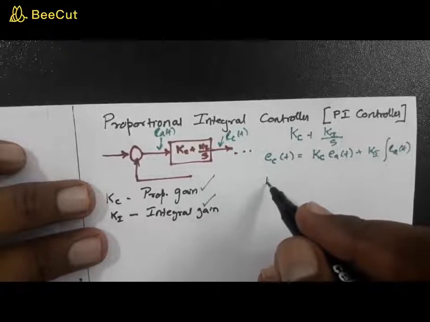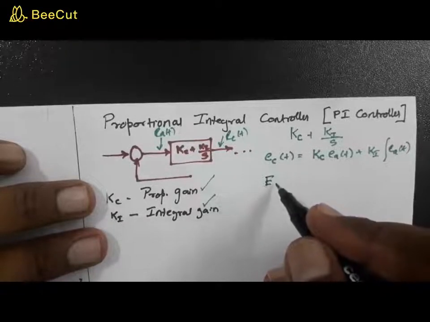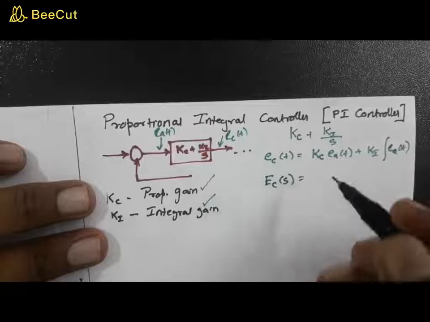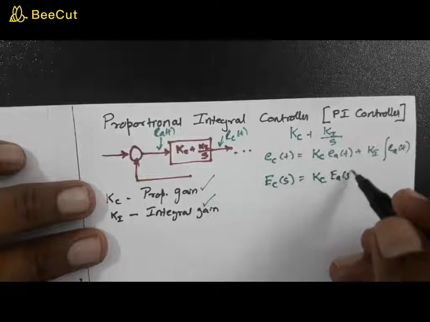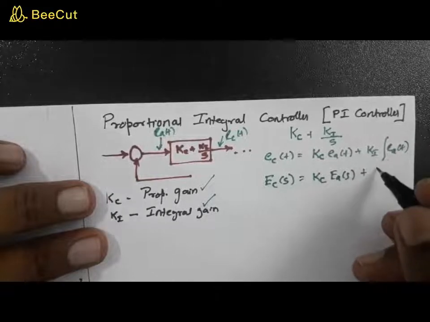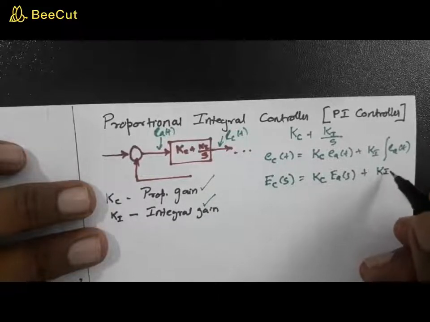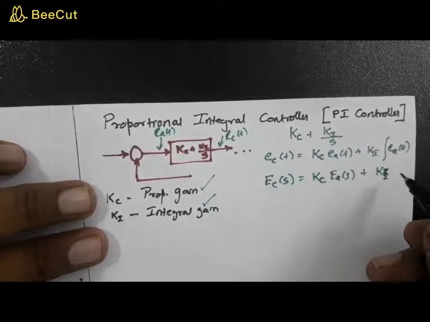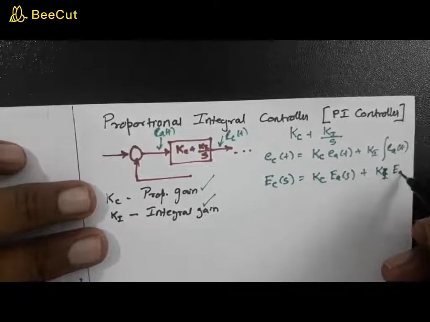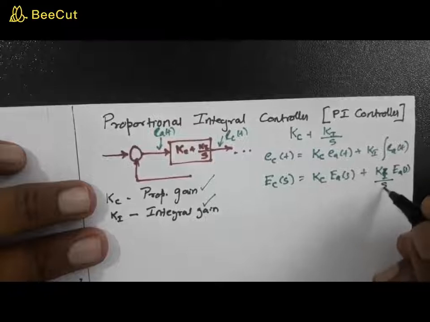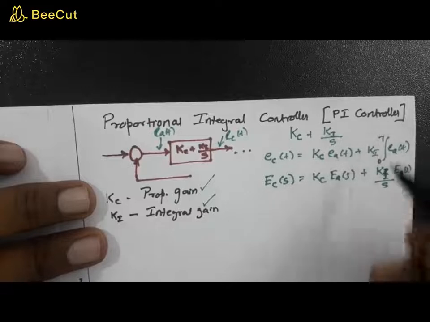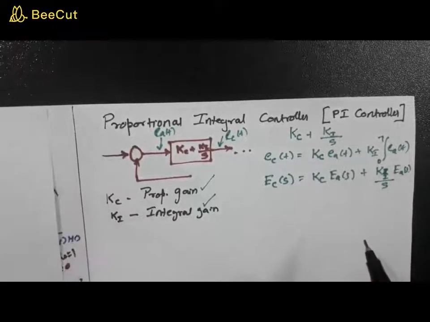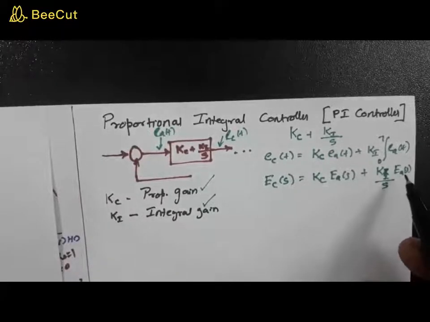So when you write the frequency domain equation for this, it becomes Kc into EA of S plus Ki into EA of S by S. In some textbooks you can see that it is the integral from 0 to t.